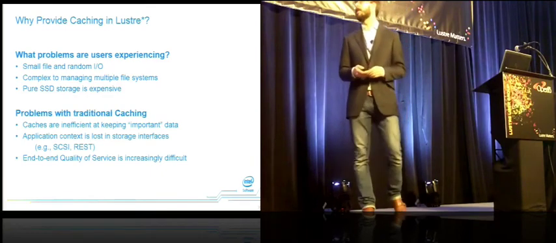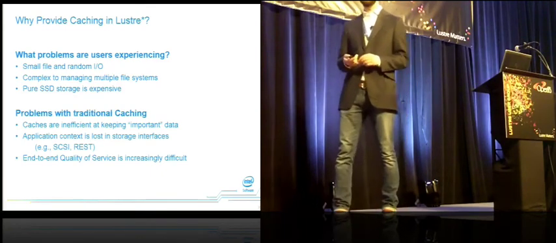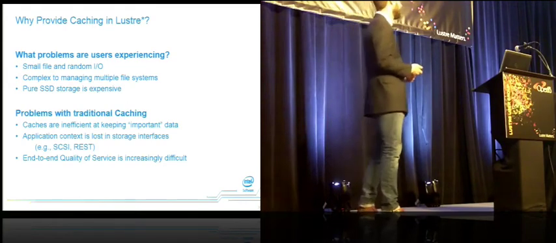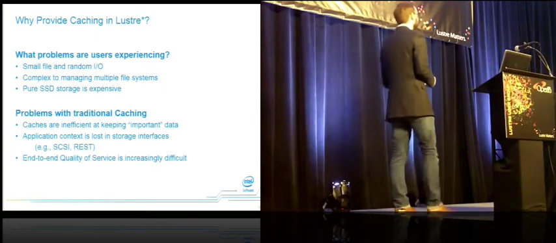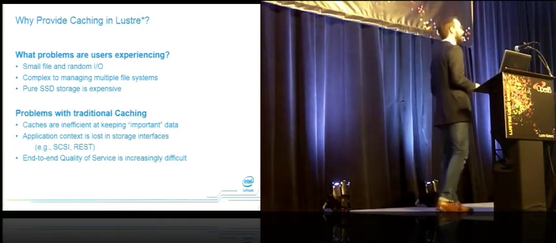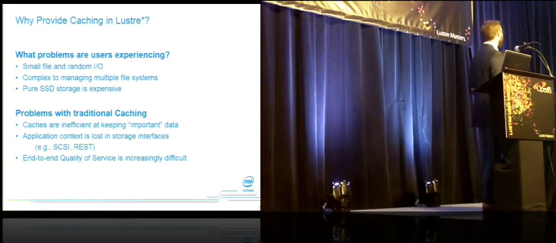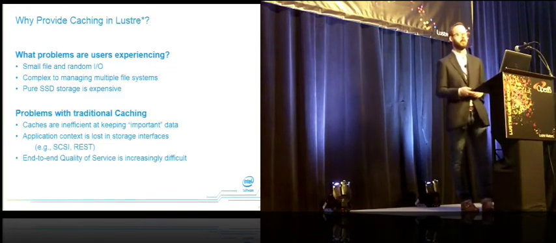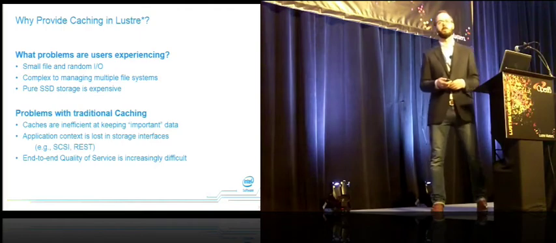We'll talk about that a little bit, and then there's also some issues with traditional caching and the way that it's done. When you look at traditional caching, they're inefficient at keeping the right data warm in the cache, especially when the cache is cold. And application context can be lost when you're passing data to the storage system.